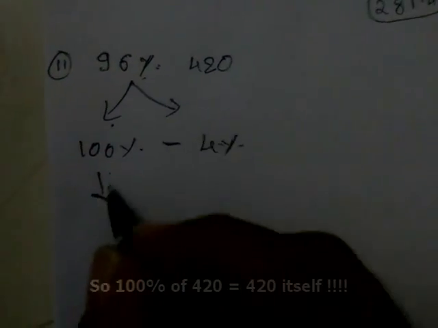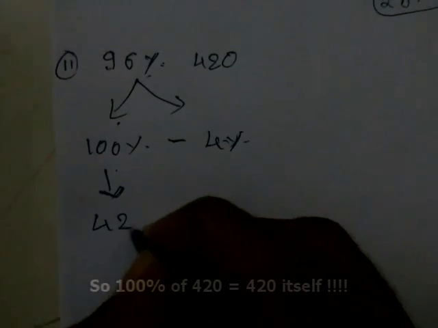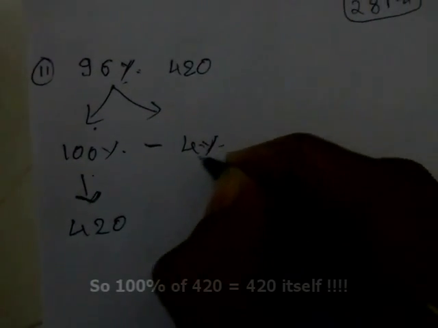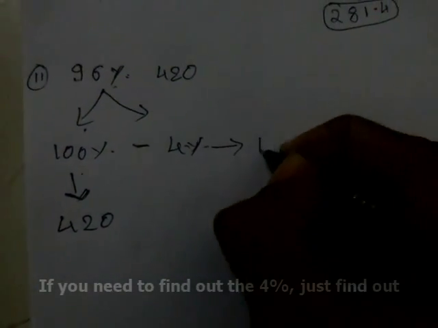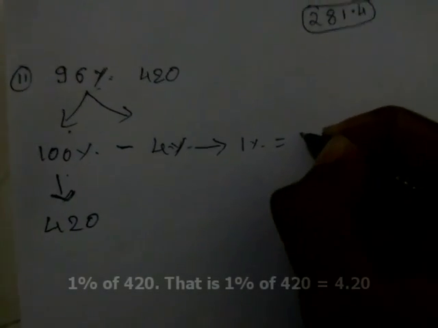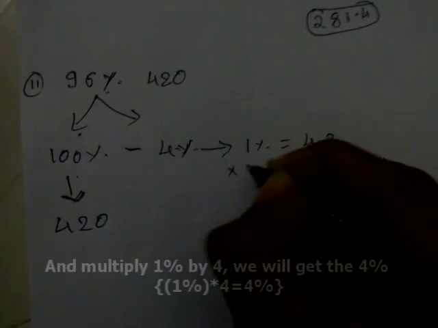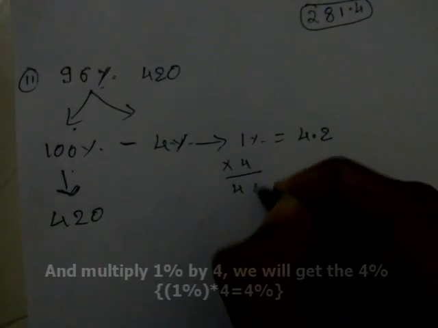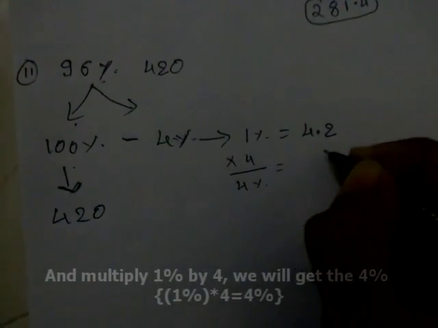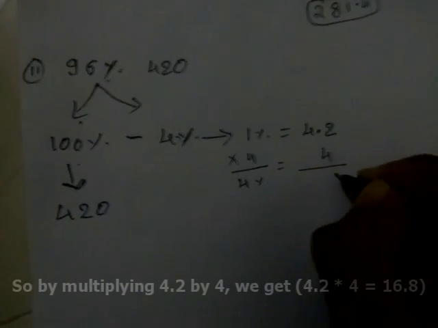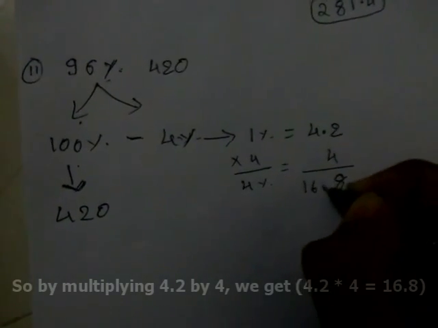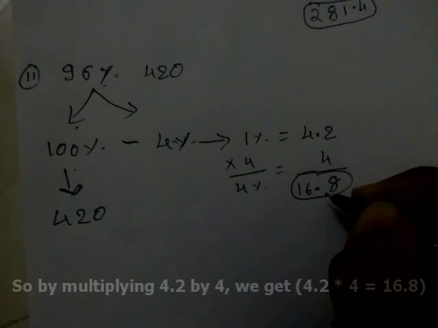So 100% of 420 will be 420 itself, and if you need to find out 4%, just find out the 1% of 420, that is 4.2, and multiply by 4, we will get the 4%. So by multiplying 4, 4 2s are 8, 4 4s are 16, 16.8.